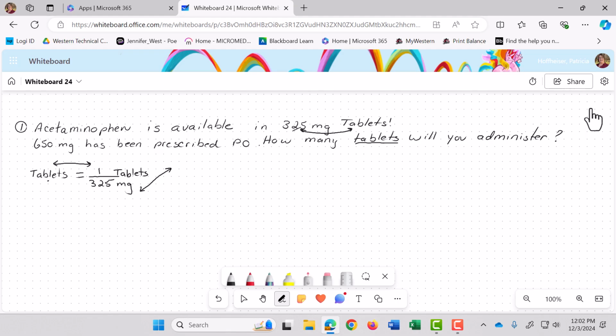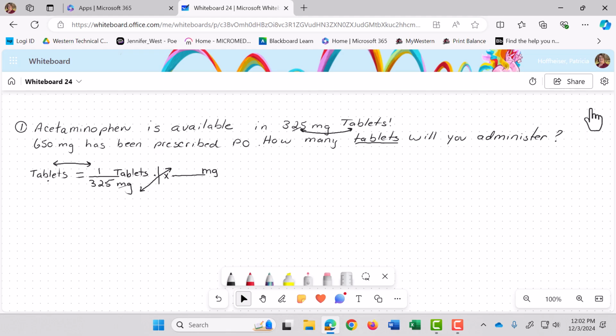So then the next part is to use a symbol that means multiplication. That could be a dot, it can be a bar, it can be the X, whatever the student prefers, and the fraction bar. If milligrams is on the bottom in the first fraction, it must be on the top in the second fraction. So that helps them to see what comes next.